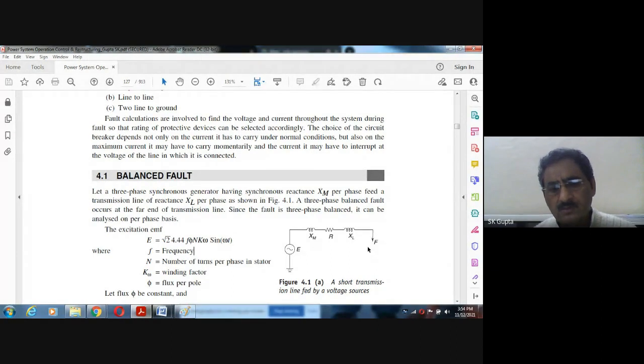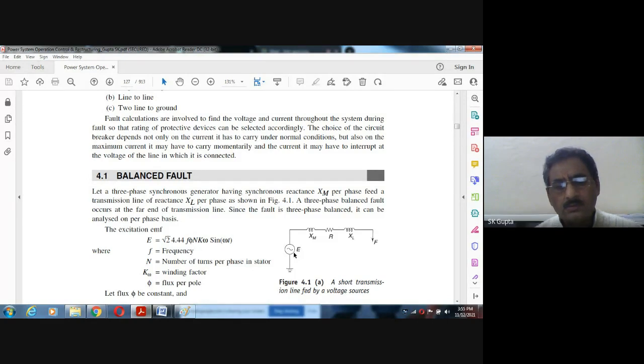It is the simplest possible circuit, showing a short circuit on a transmission line fed by a voltage source. Now let us take the RMS value of this voltage source.